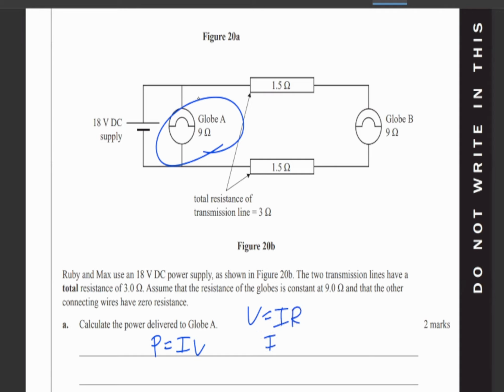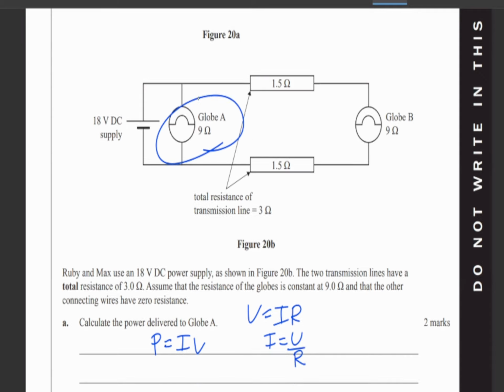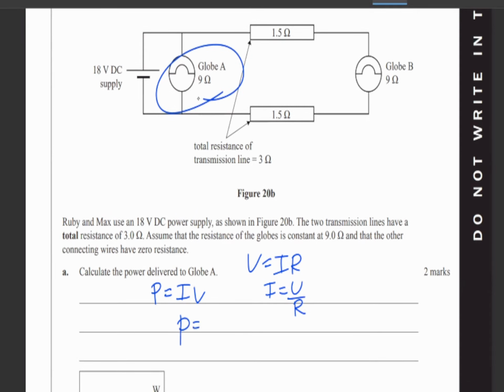So I equals V over R. So then we can do P equals V squared over R. We know the voltage is 18. And we know that the resistance is 9. So 18 squared over 9, which is 36 watts.